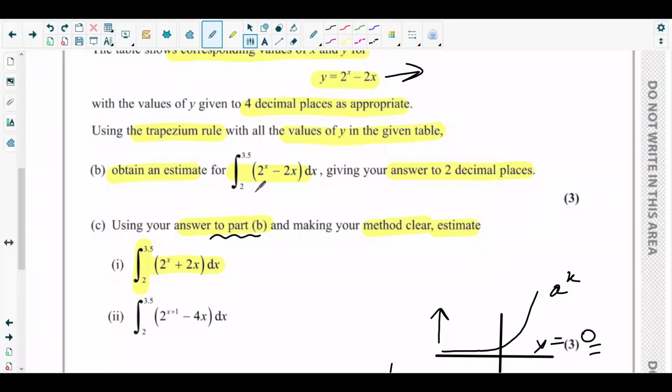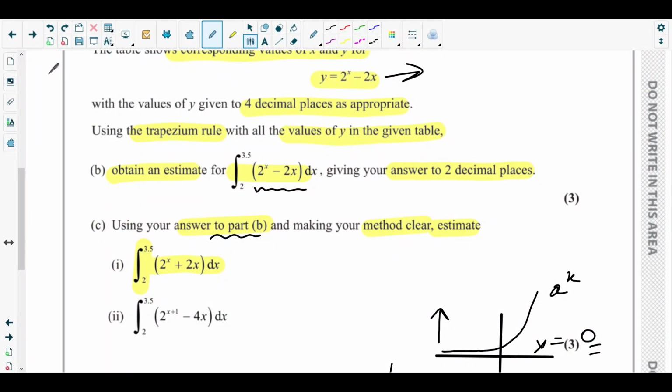So in part B we got the value for the integration of 2 to the power x minus twice of x, but here it is plus twice of x. So let's use the answer of part B to approach this.